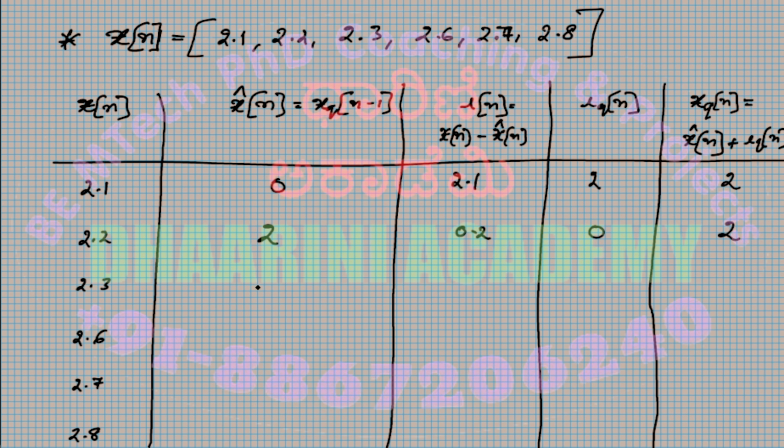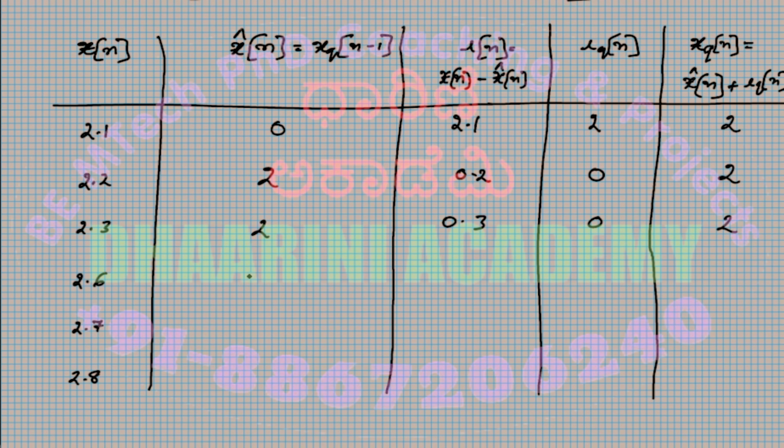Again the 2 comes down, 0. Again 2. Next, once again 2 comes down. Or this is 0.6, this is 1.